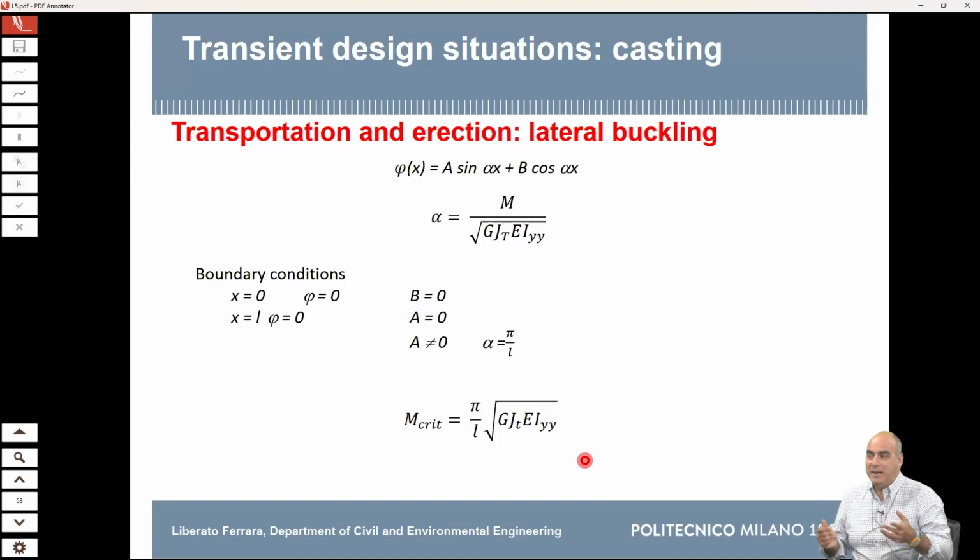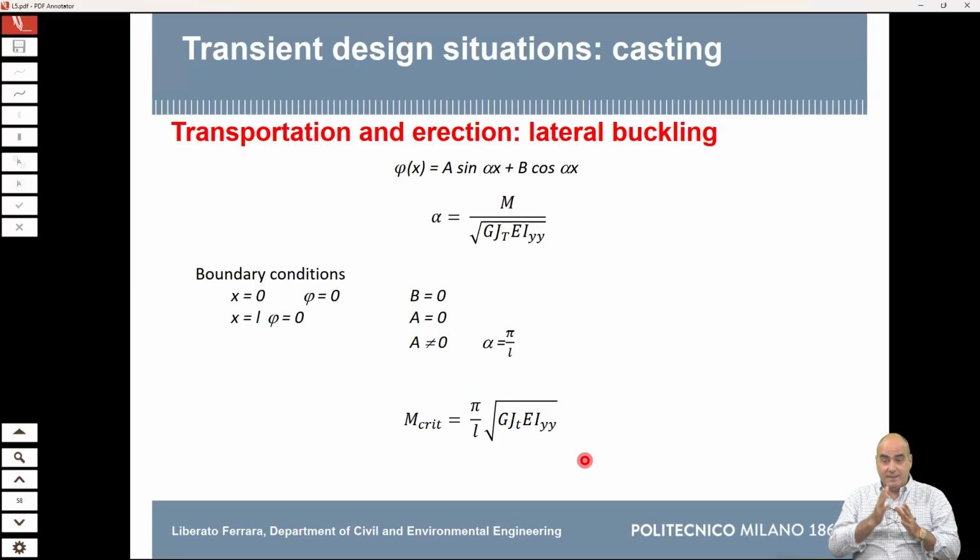So the only way to increase your critical moment is to make your cross-section stiffer. What does it mean? Use a stiffer material. For concrete, it can be done, because if you increase the strength, you increase also the stiffness. Not proportionally. The stiffness goes with the cubic root, or the square root, more or less, of the strength.